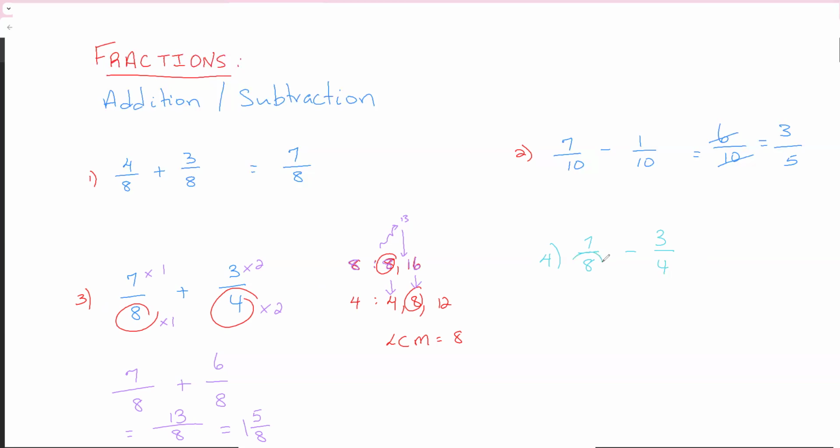Again, if the denominators are different, we have to make them the same by finding the LCM. The LCM of 4 and 8, we found that before to be 8.